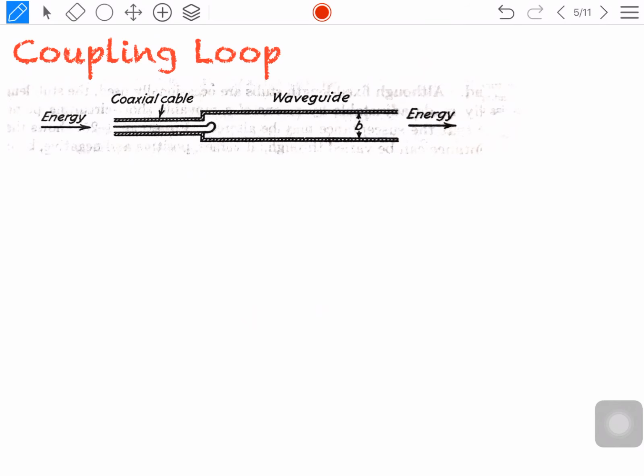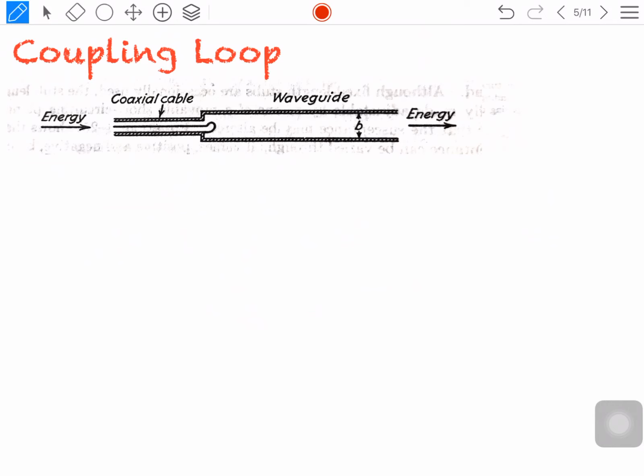The next way of coupling a waveguide with a coaxial cable is the coupling loop. In many microwave systems, sometimes it is more convenient to couple a coaxial line to a waveguide or a cavity resonator by means of a coupling loop than by a probe.